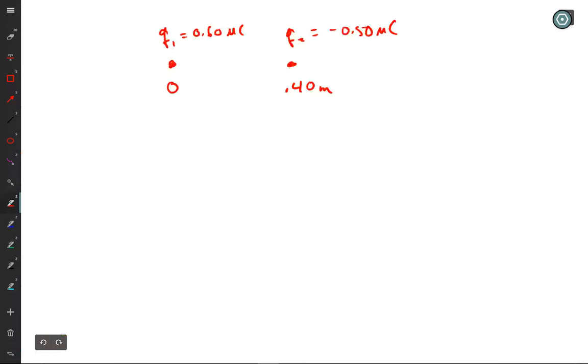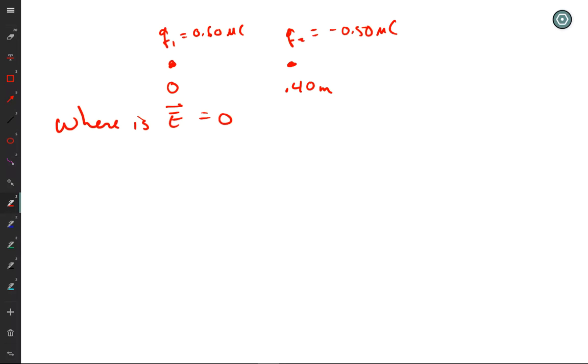Yeah. So how would I find where the electric field is 0? I'm looking for a method, not for actual calculation.